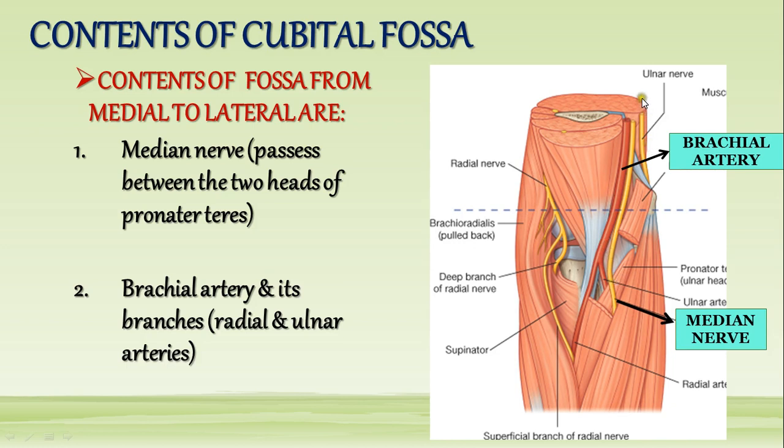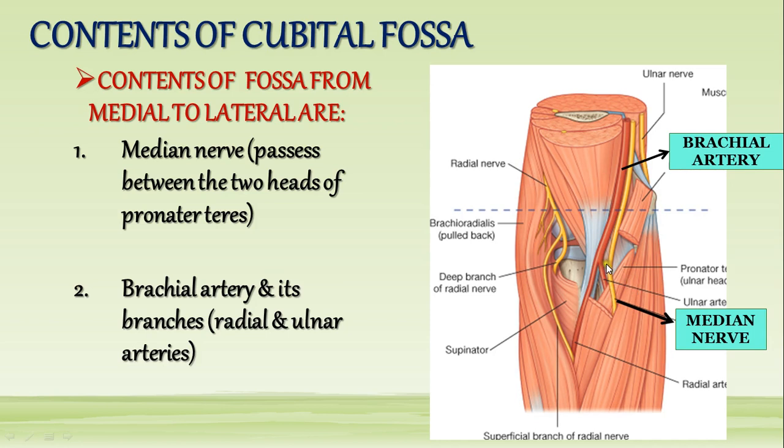The median nerve crosses the arm, enters into the cuboidal fossa, and then it passes between the two heads of the pronator teres. The pronator teres muscle has two heads. The median nerve passes between the two heads of the pronator teres muscle to enter into the forearm.